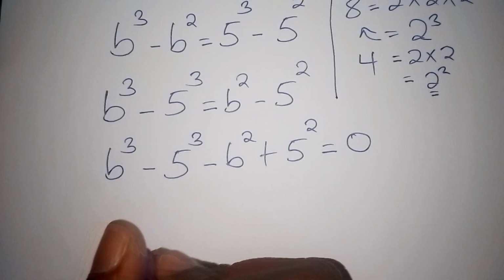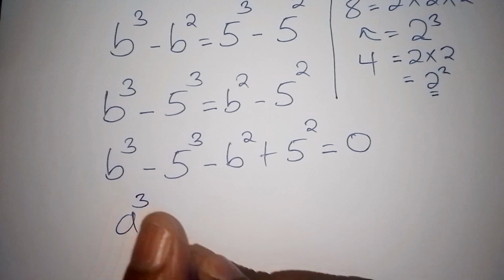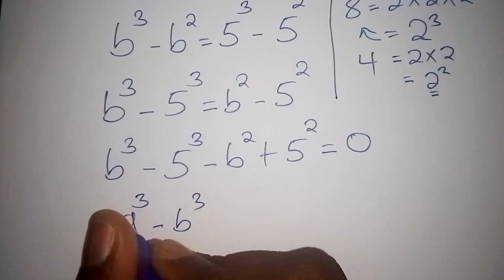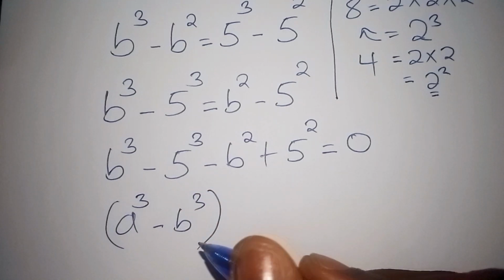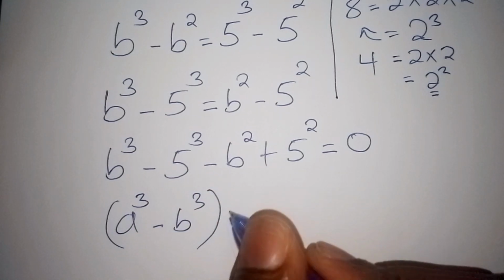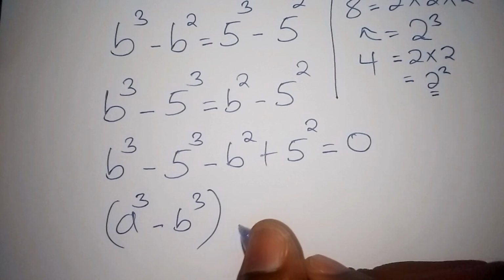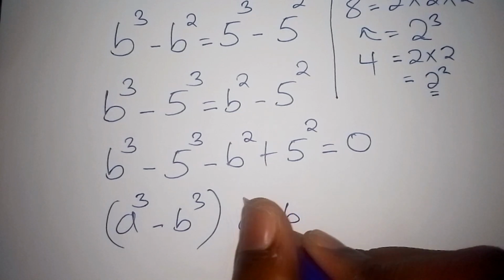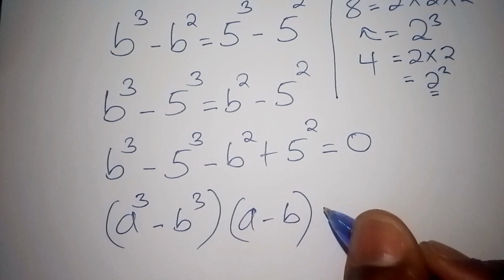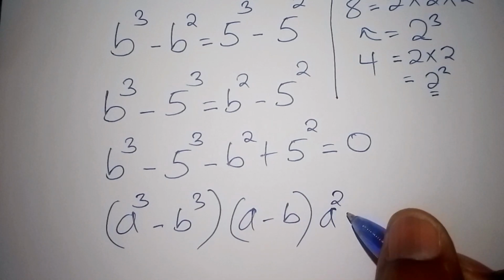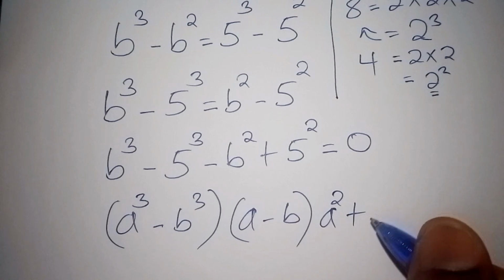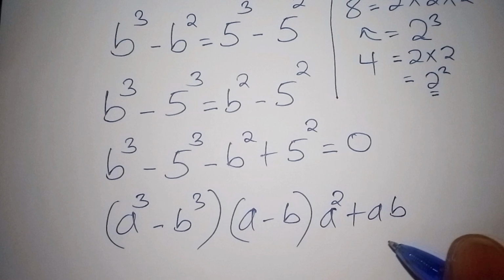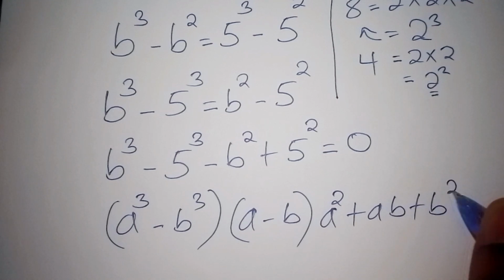In this case we all know that suppose we have something like a cubed minus b cubed, all this into bracket, we shall end up with a minus b, into bracket, a squared plus ab plus b squared.